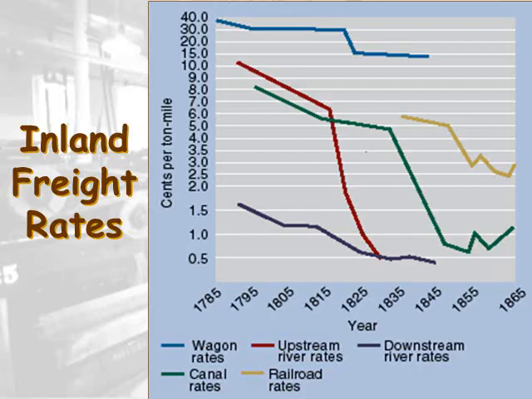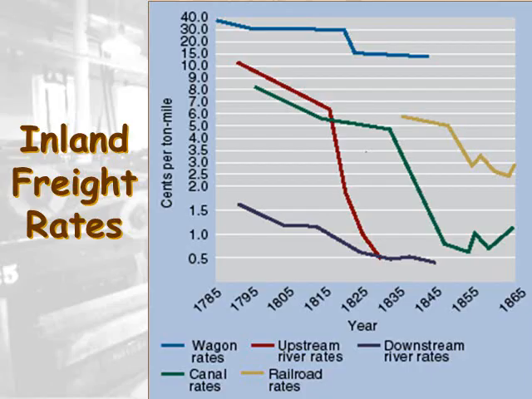Of course, the biggest transportation revolution of all, sorry canals, were the railroads. And railroads really started off in about the 1820s, and then became more and more important as we get closer and closer to the Civil War.